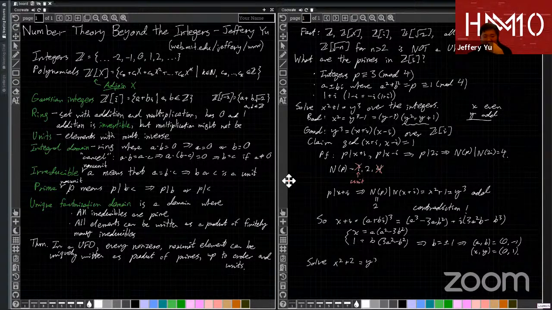All right. Other questions? How do you prove that all irreducibles are prime? Good question. As I mentioned, this is only true in very specific cases. There are actually not many rings for which this holds, which is why they're so special.